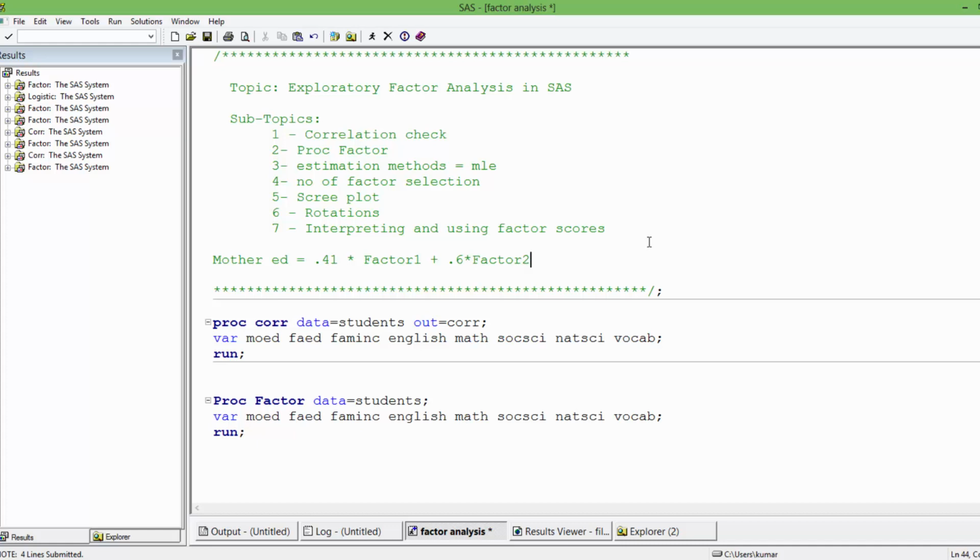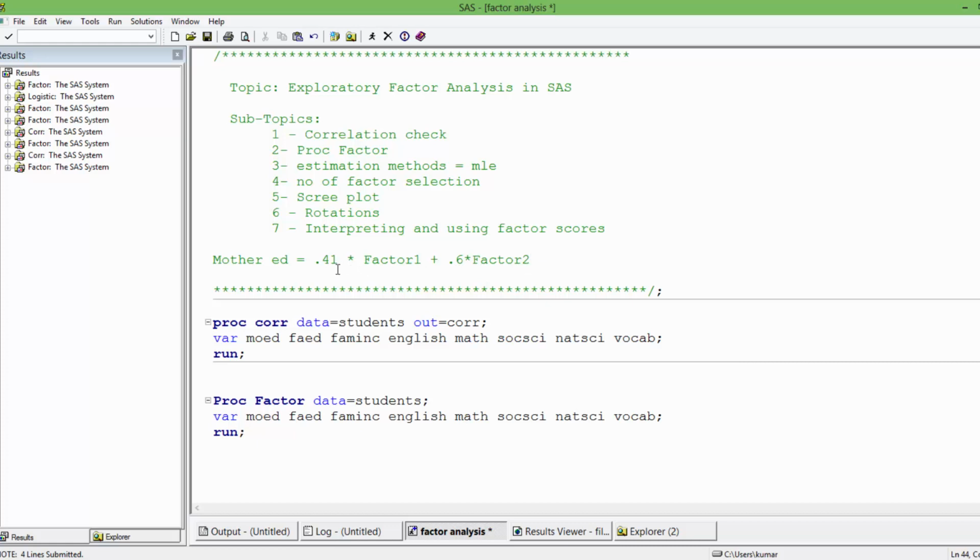Now remember one thing. If you remember what I taught in the factor analysis video, the theory part I'm talking about. Out of the two coefficients, look at the one which has a higher value. Usually one of the coefficients will be significantly higher than the other. The coefficient for factor 2 is significantly higher than the coefficient for factor 1, right?